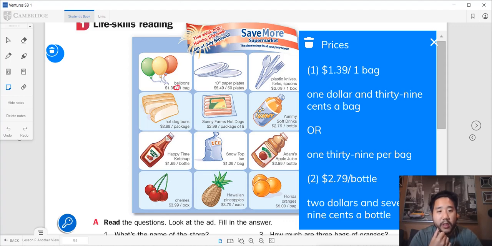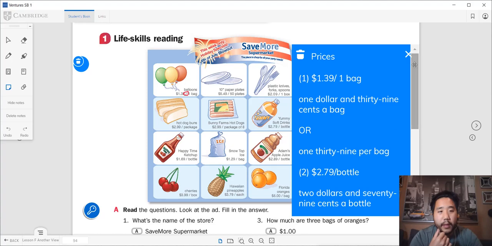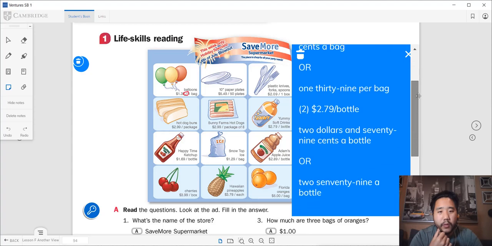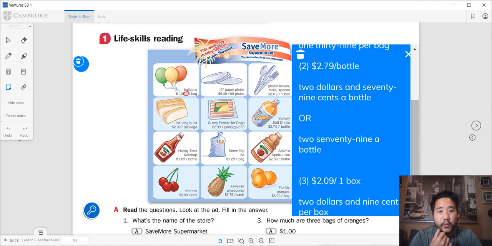So $1.39 a bag, because it's a slash, per bag, or you can say $1.39 per bag. Okay. I hope this was a little helpful. Here I'm going to go down so you can see the difference. $2.79, and then this slash bottle, we can say per bottle or a bottle. So you see $2.79 a bottle or $2.79 per bottle.